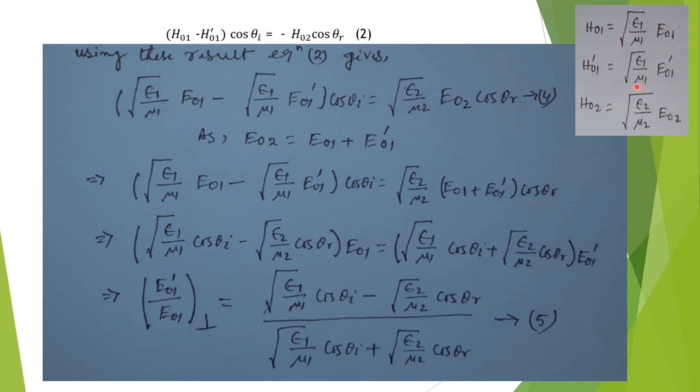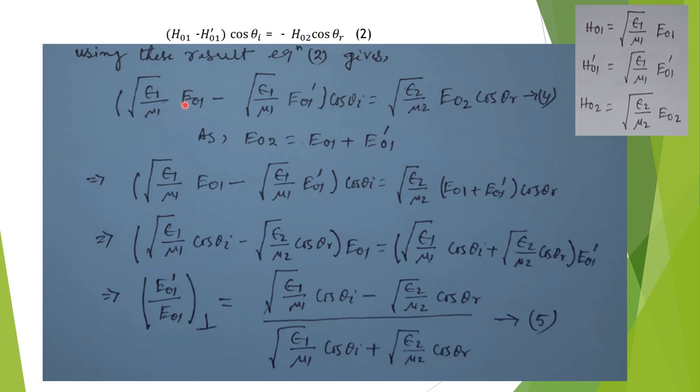Using this result, we find this in the previous slide and substitute this value in this equation.